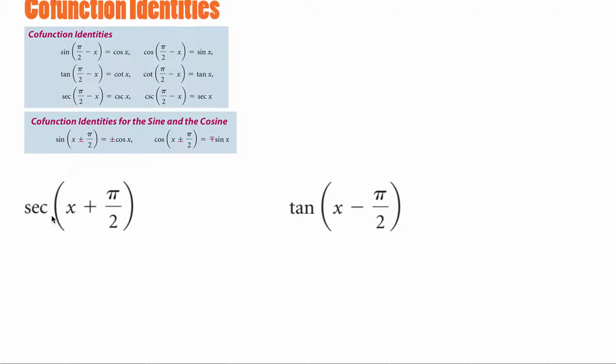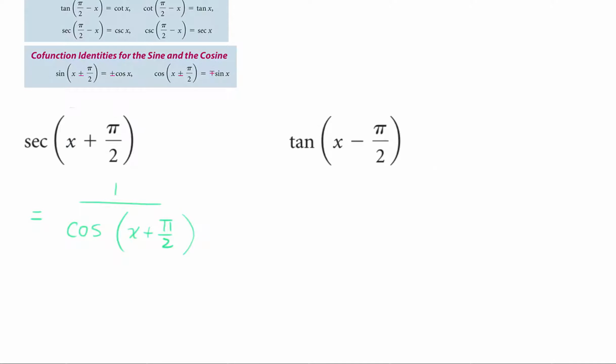So let's work for secant of x plus pi over 2. Well, what's the relationship between secant and one of these two? Well, secant is the reciprocal of cosine. So this is equal to 1 over cosine of x plus pi over 2. Now, by the identity, what is cosine of x plus pi over 2?